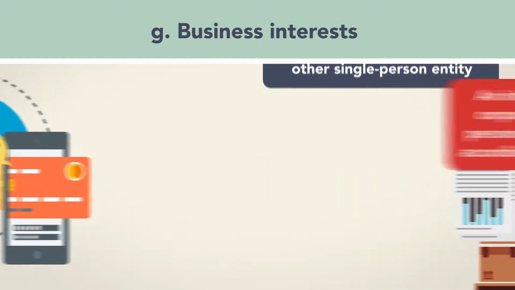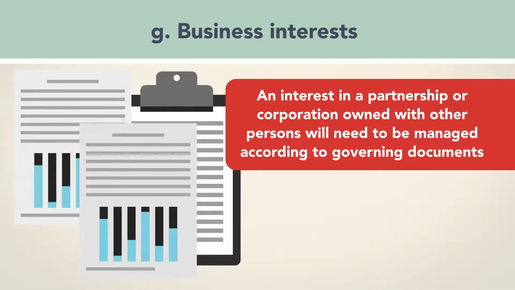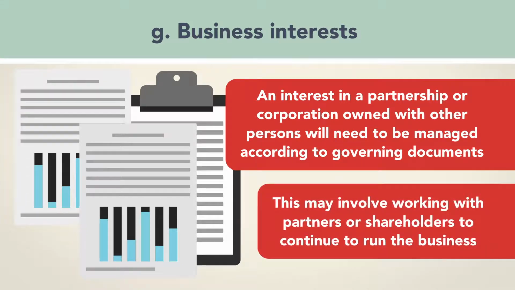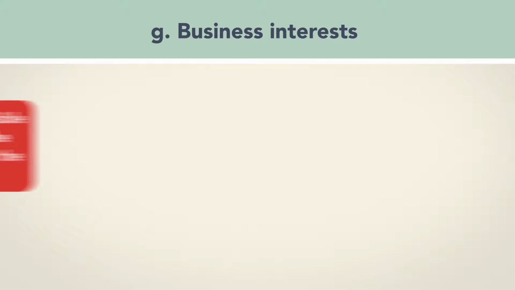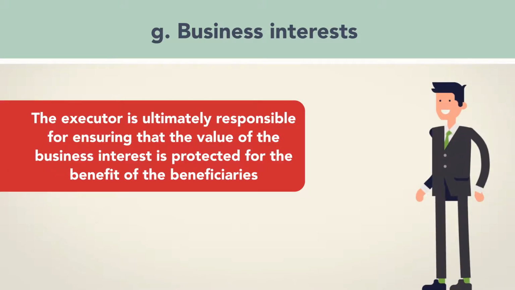An interest in a partnership or corporation owned with other persons will need to be managed according to governing documents that may determine what happens to a deceased person's interests. This may involve working with partners or shareholders to continue to run the business, or to transfer or sell the deceased person's interest to a successor. Regardless of the type of entity, the executor is ultimately responsible for ensuring that the value of the business interest is protected for the benefit of the beneficiaries of the estate to the greatest extent possible.